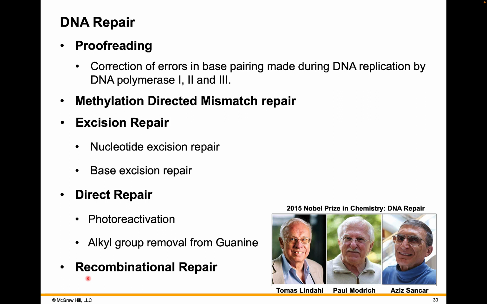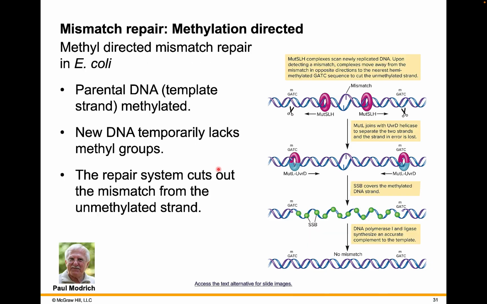But still, we know that we have mutations, and due to that, we have all the different genetic diseases. But without these mechanisms, it would have been much, much more drastic.